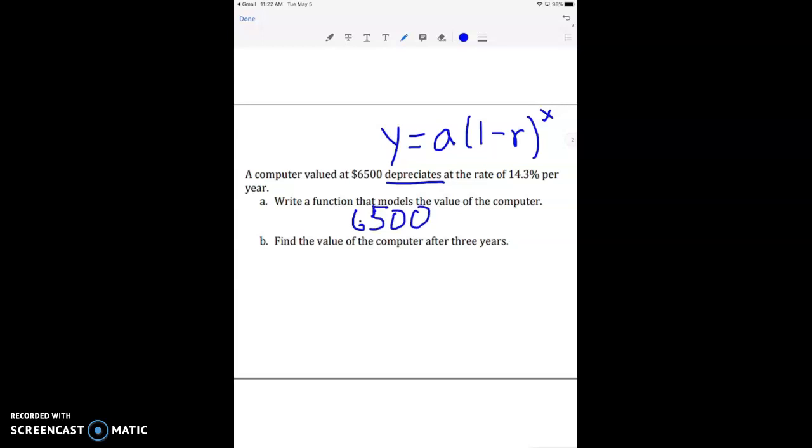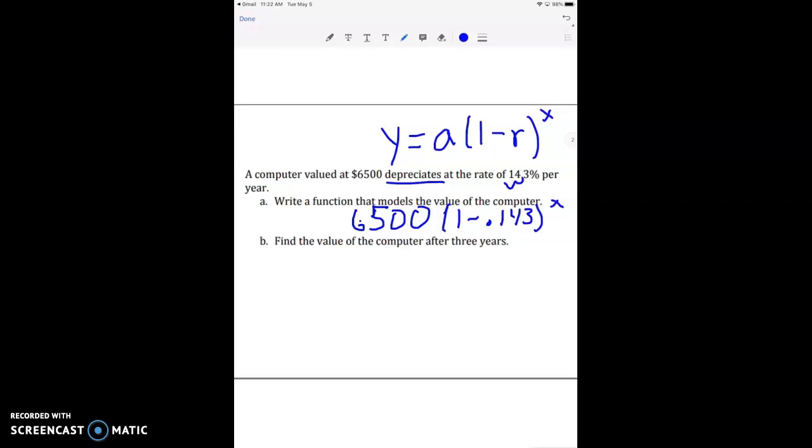The next piece is the 1 minus r piece. The rate is 14.3, and we have to convert that to a decimal. Move the decimal point left twice, so you will get 0.143, and of course we don't have a year yet, so we'll say to the x.